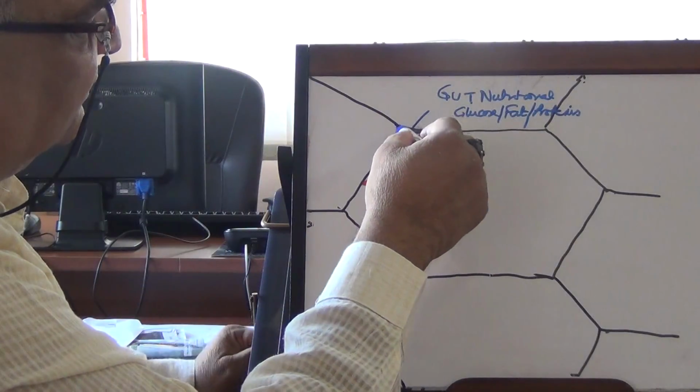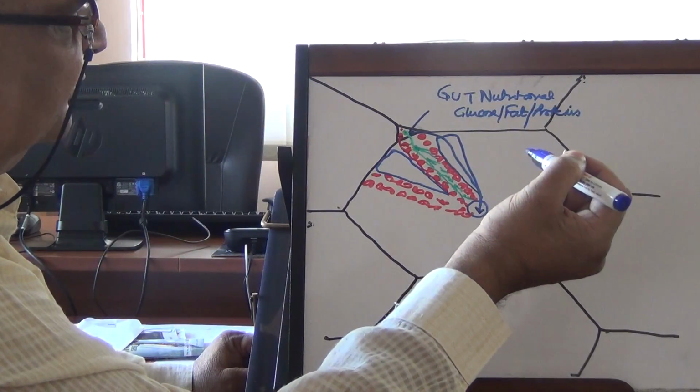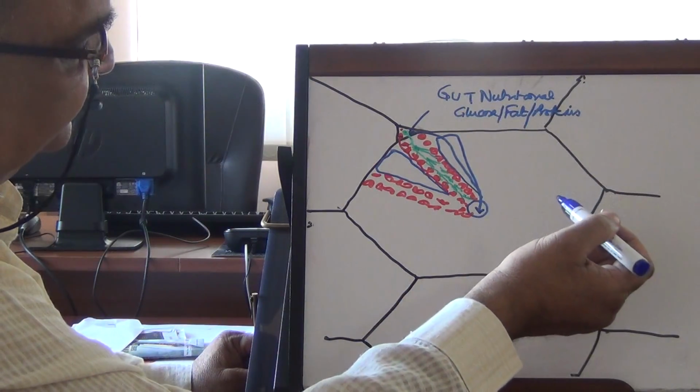The artery is meant to keep these cells alive by giving them oxygen and glucose.